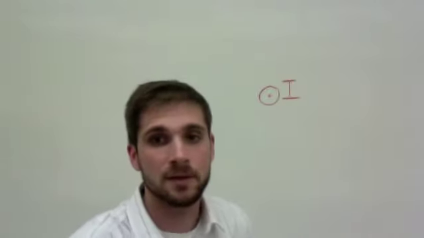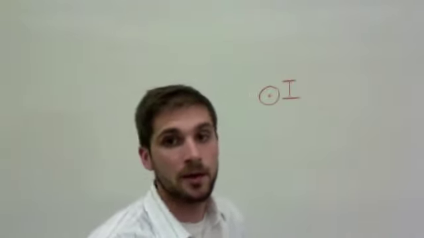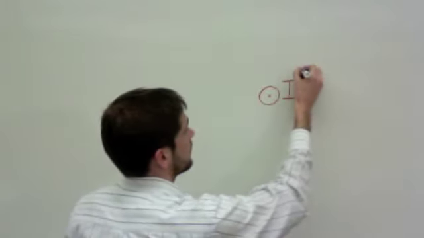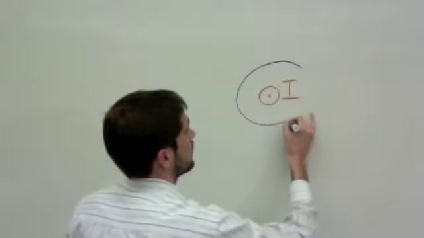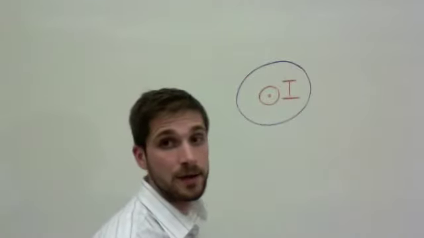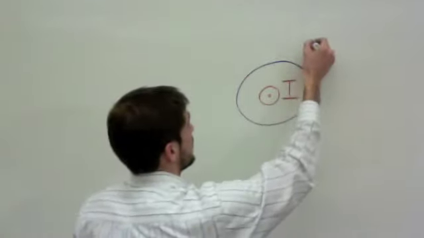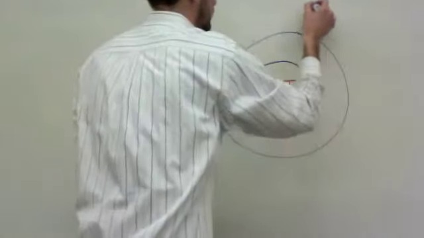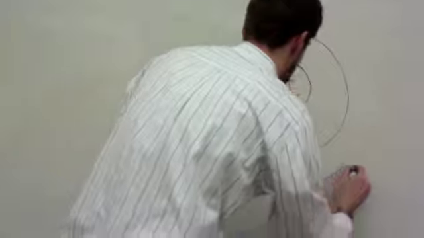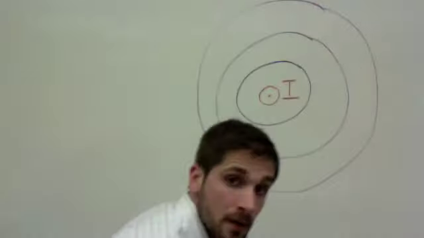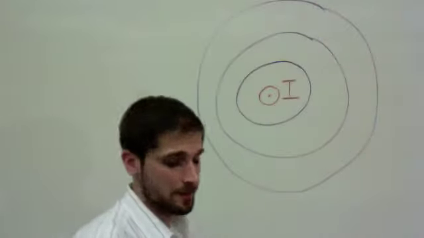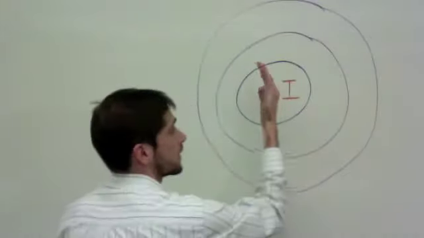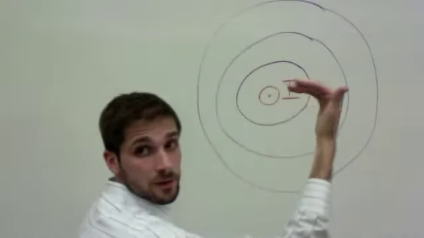The magnetic fields, which I'll show here in purple, form concentric circles. They start and go around like this and get bigger and bigger. The direction of this magnetic field can be figured out using my right-hand rule. My thumb, again, indicates the direction that the current is traveling.